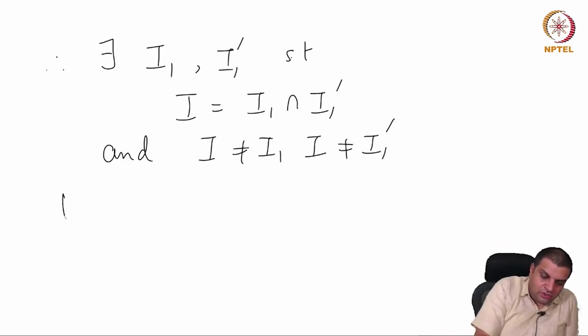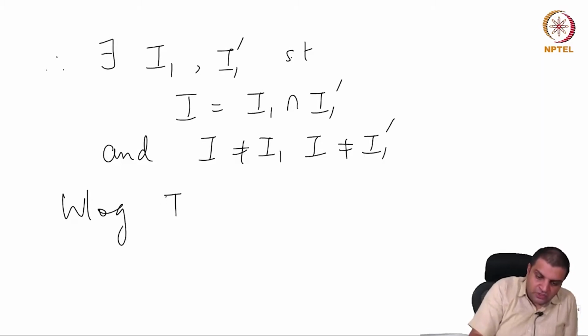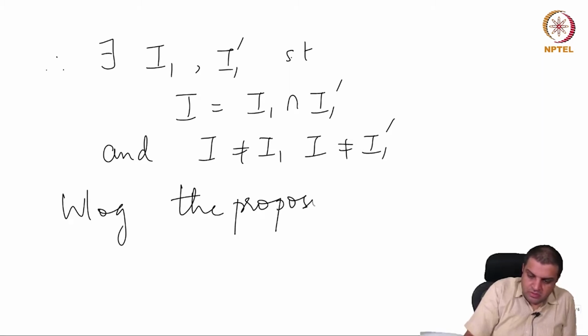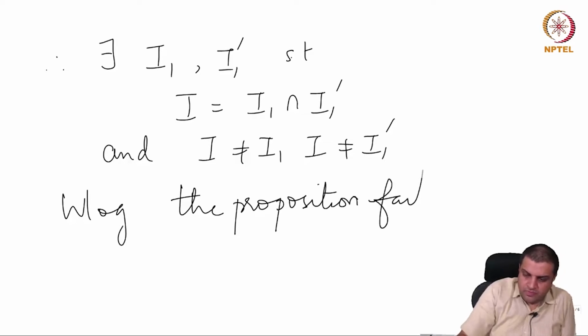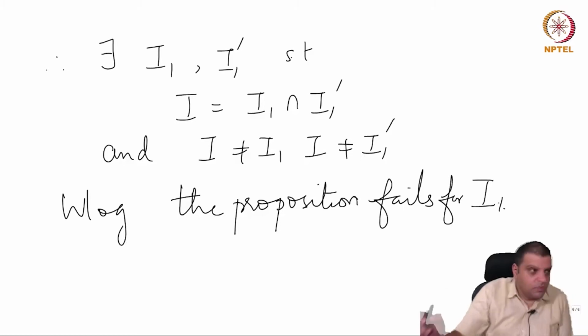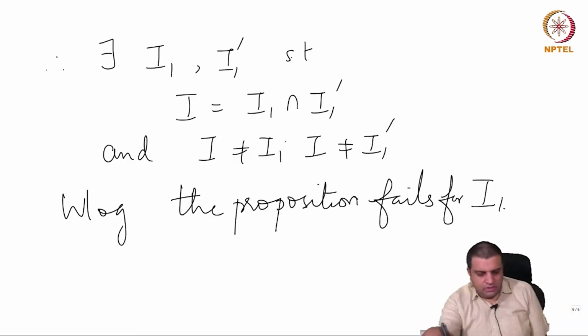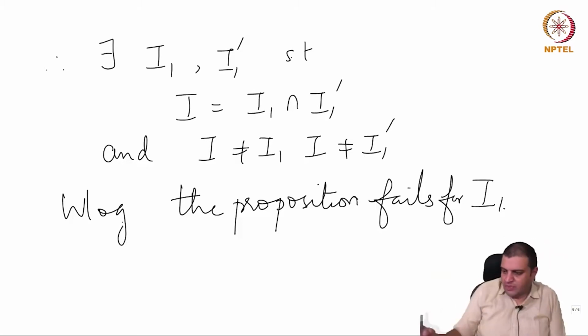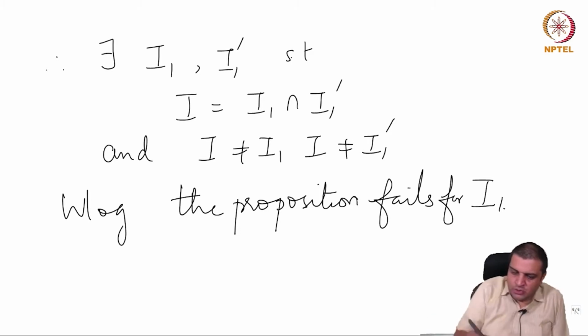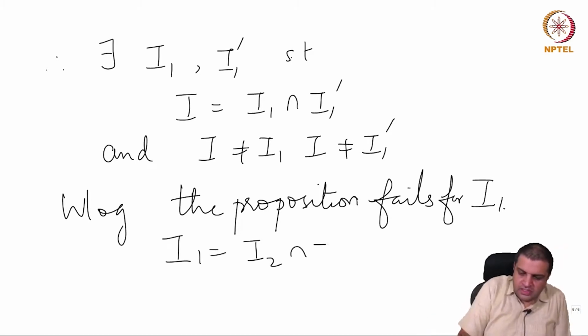So without loss of generality, the proposition fails for I1. It is just whatever we just discussed. If the proposition holds for both, it will also hold for the intersection, because an intersection of two finite intersections is a finite intersection. So without loss of generality, it's I1. And now I1 can be written as some I2 intersect some I2 prime, where again I1 is not equal to I2.